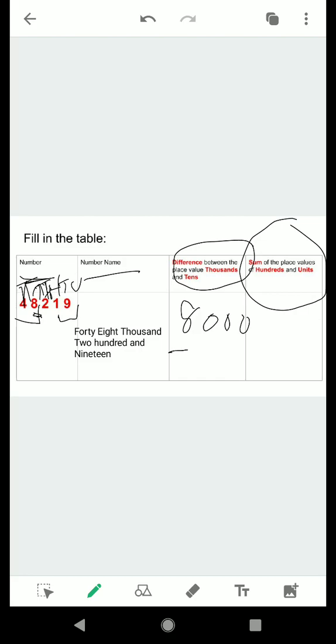And what is in the tens place? We have to find thousands and tens value. In tens, we have 1 ten, so we are going to subtract 10. 8,000 minus 10. 0 minus 0 is 0. 0 minus 1 can't subtract because it is smaller, so we're going to borrow. 7 becomes, this becomes 9, this becomes 10.